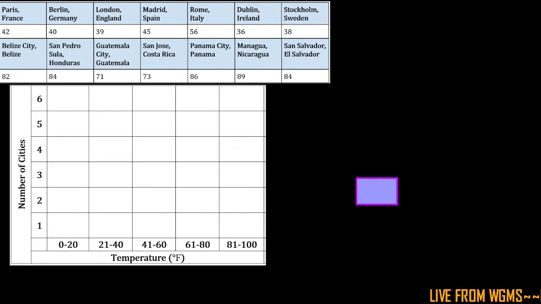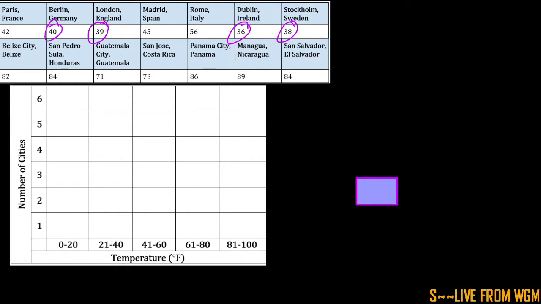So let's actually count these up. How many cities do I have with 0 to 20? I actually have none, so I'm just going to leave that one blank. But for this second one, how many cities do I have with 21 to 40 degrees? Well, I have Berlin, London, Dublin, Stockholm are all there.